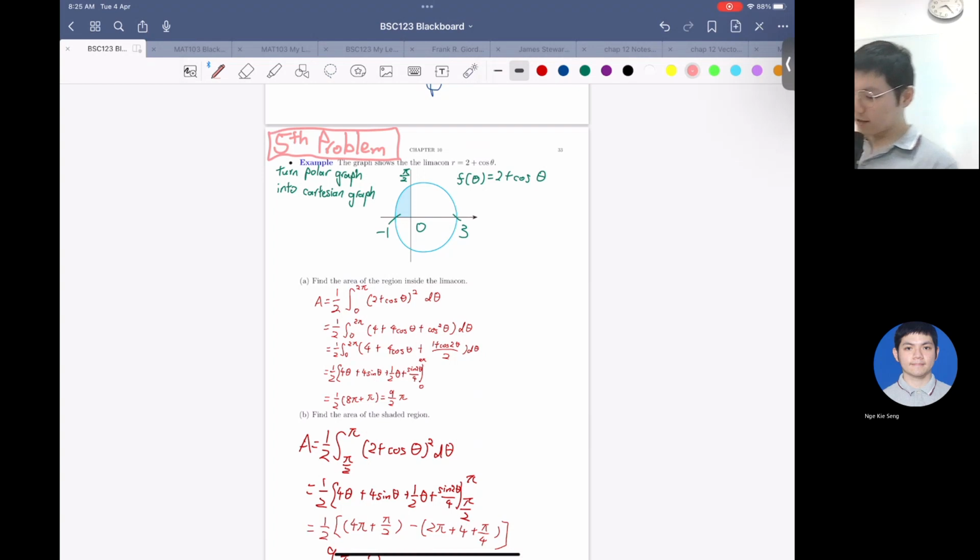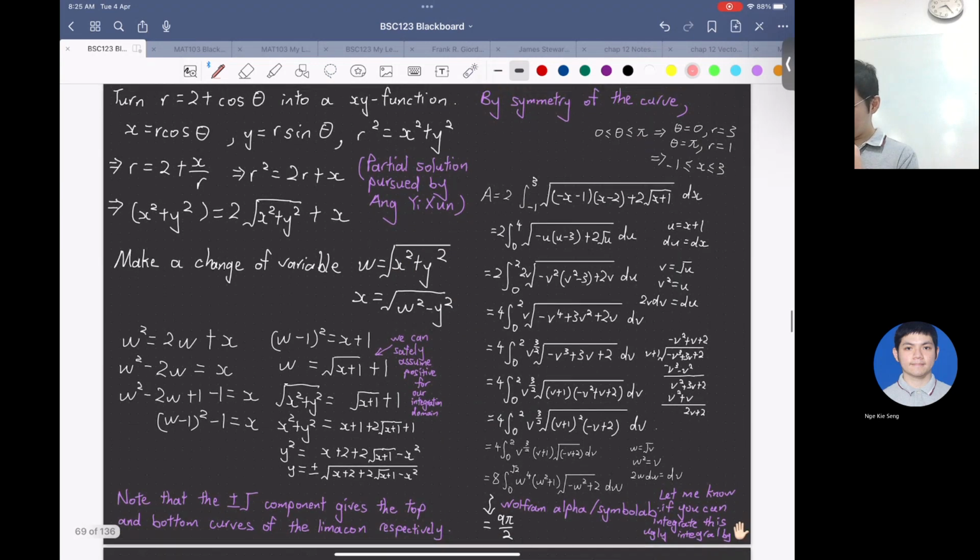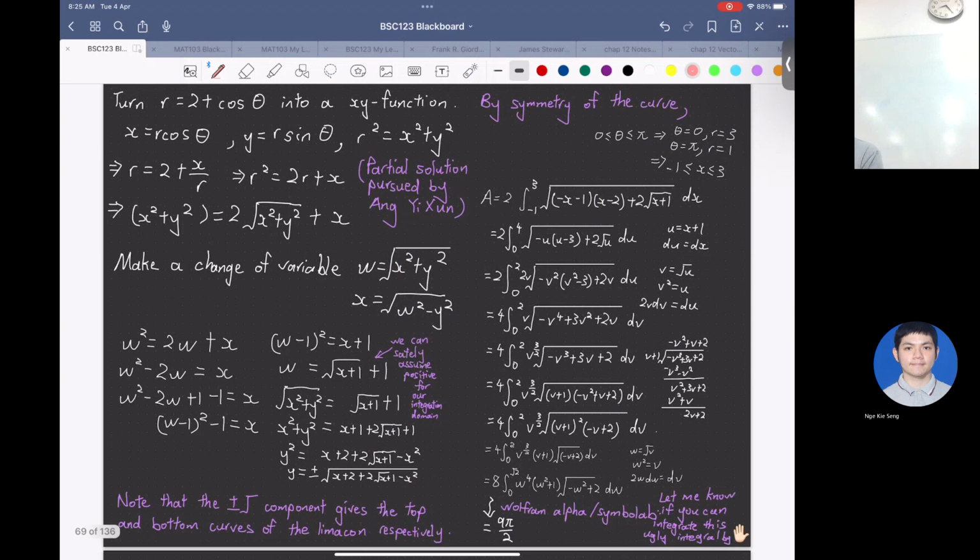So in the last lecture, I said I challenge you to change this into a Cartesian graph, put into XY and then try and compute it. I also posted this. The first one who approached me is Yi Sun, right?